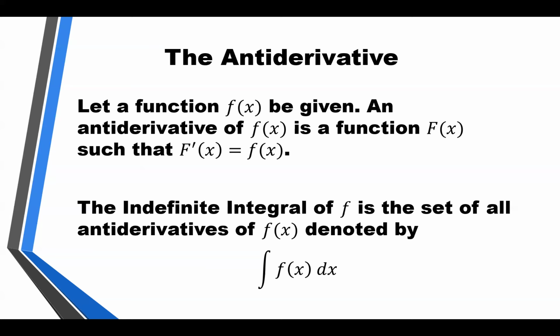And we denote it by the integration symbol, which looks like an elongated S, of f dx. That dx is a differential. It tells us that we are integrating with respect to variable x. This is the entire class of antiderivatives.